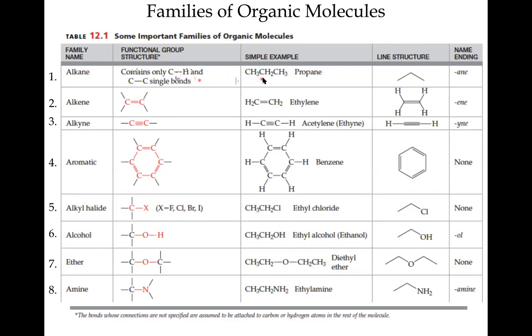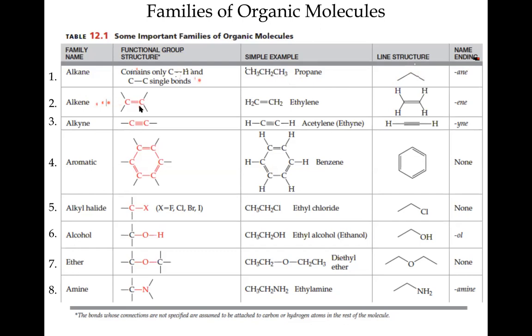So for instance, propane. Propane has 3 carbons, and they're all single bonds. And so it's written like this, remember? So carbon here, carbon here, carbon here. That's the line structure. And it has the suffix ane. So propane is an alkane with 3 carbons.